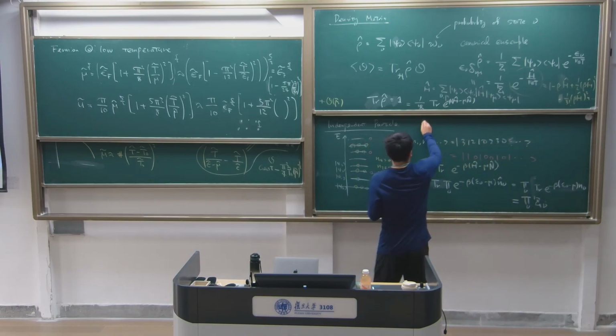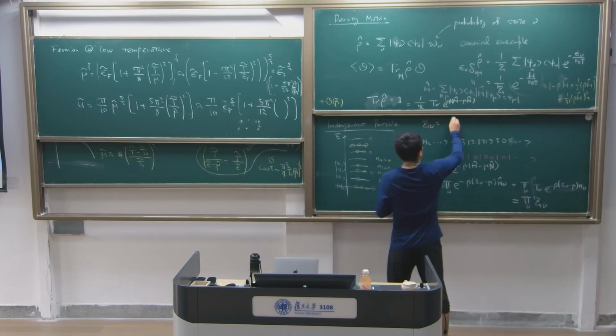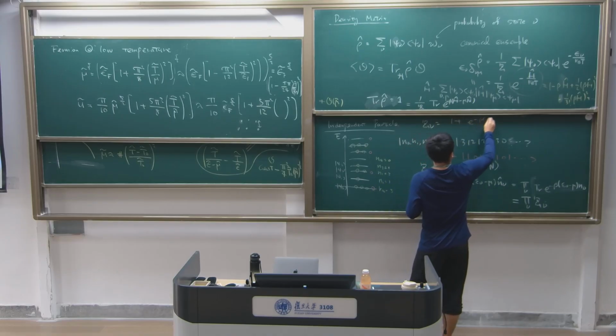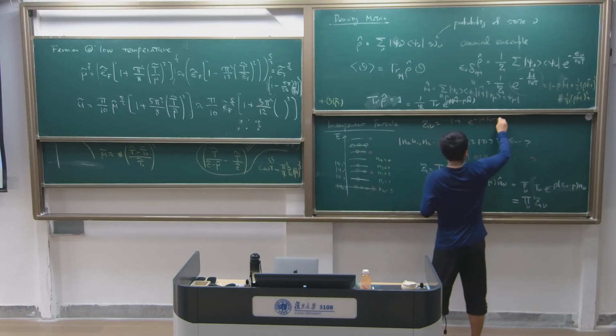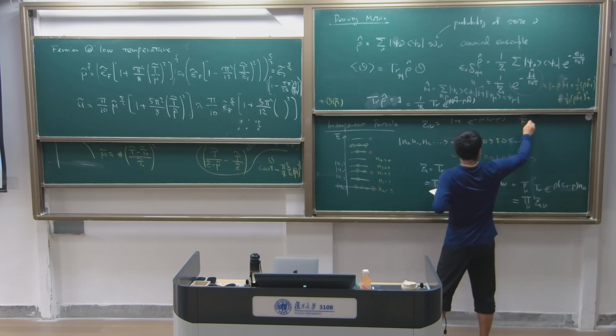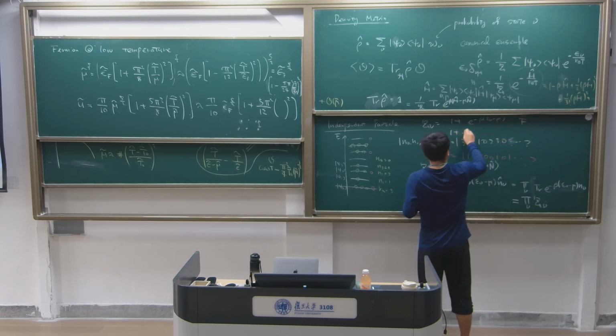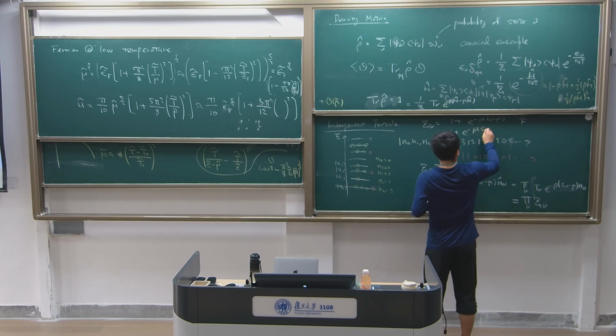You can easily see it is 1 plus e to the minus beta (epsilon nu minus mu) for fermions. For bosons, you can have multiple particles.